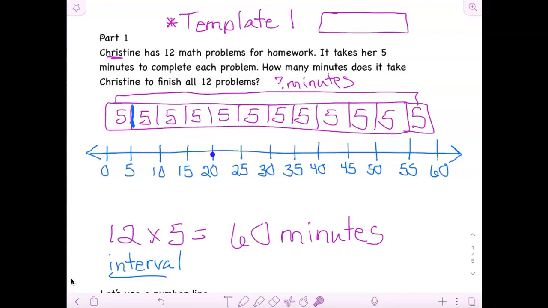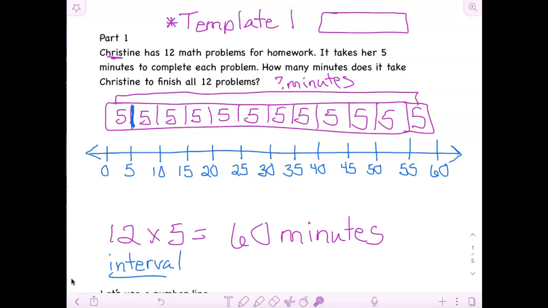So for Christine to do 4 math problems, it takes her 20 minutes. So we jumped 4 intervals. Say that word, interval. We jumped 4 intervals to find out how many minutes it took her to complete 4 problems.